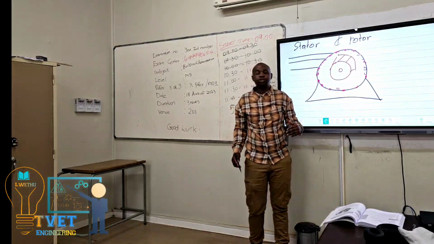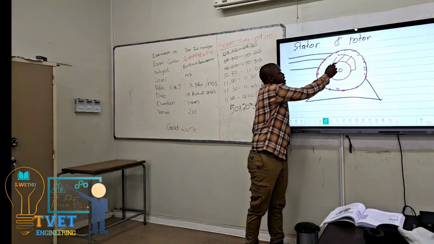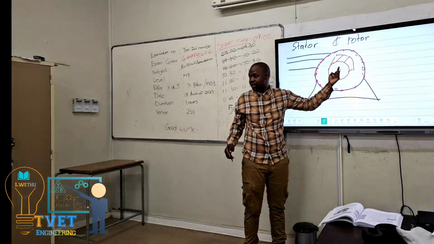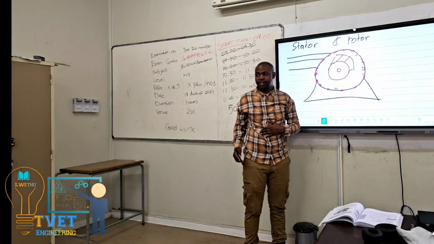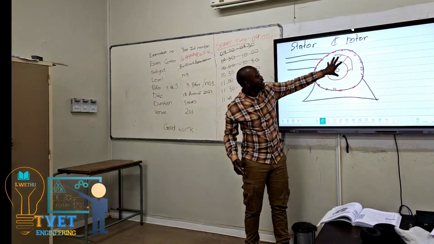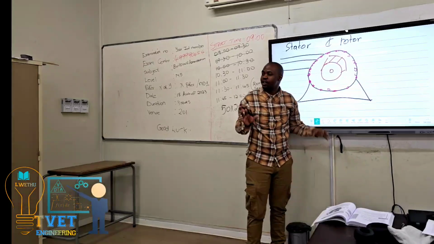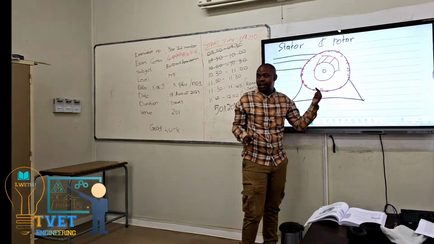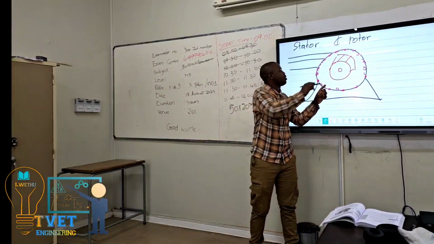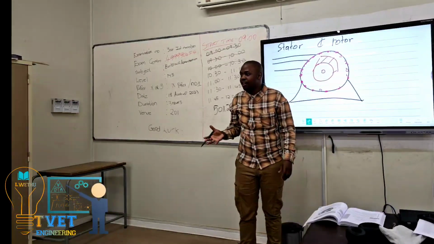Because the squirrel cage is short-circuited, current flows in the rotor bars, which means the rotor is magnetized. The rotor's magnetic field interacts with the stator's magnetic field to create a force.